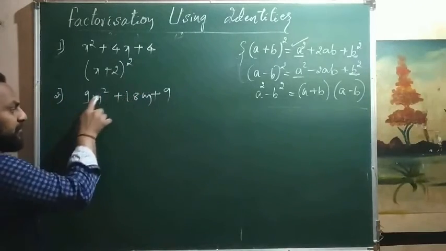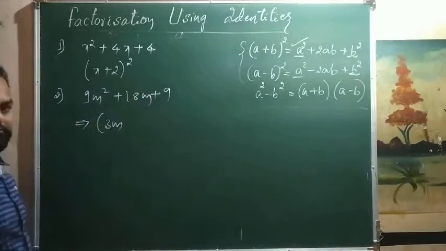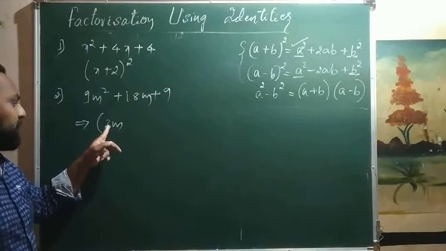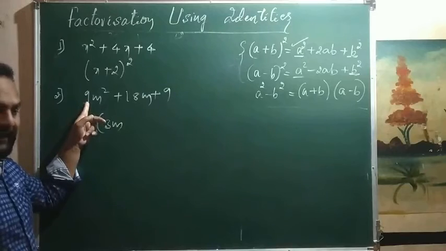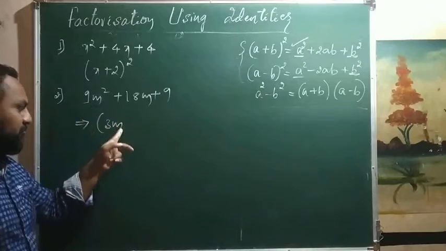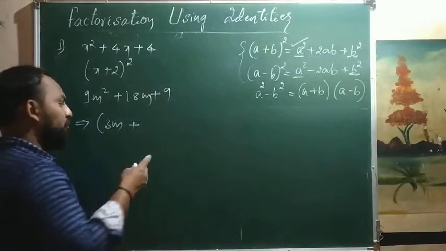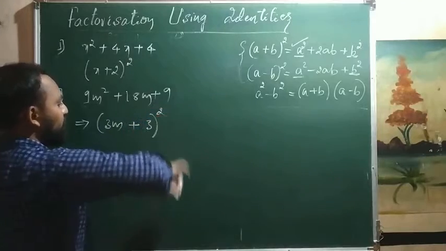Yes, here 9m square is nothing but 3m whole square. The square root of 9 is 3 and the square root of m square is m. The third term 9 is 3 square.